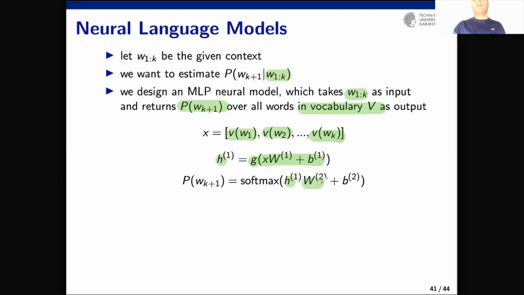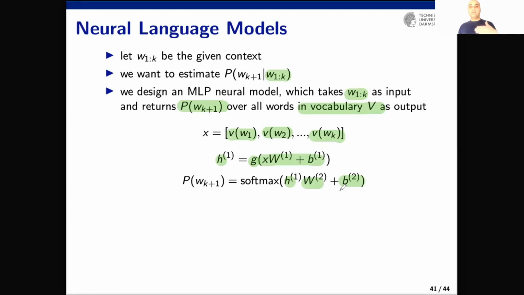We multiply that by the parameters W2 of this layer, and we also use bias, and then we receive some scores over all vocabularies that we have in the language.